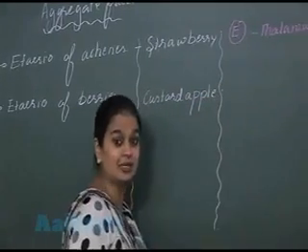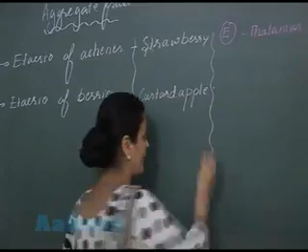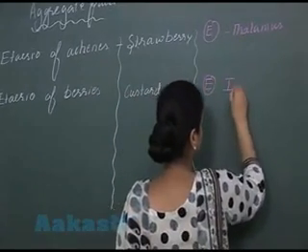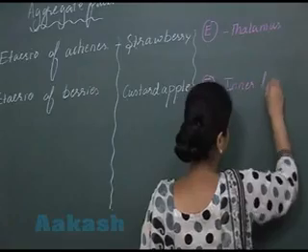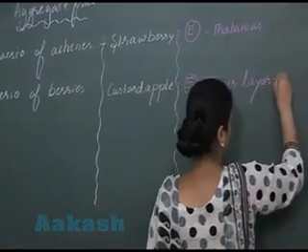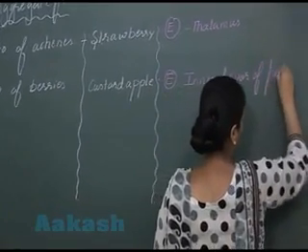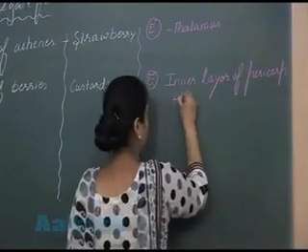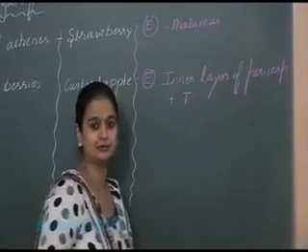And in the custard apple, the part which is edible is the inner layer of pericarp, and along with that thalamus. Thalamus, for that I am writing T here.